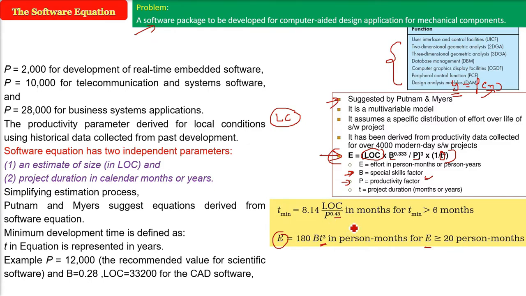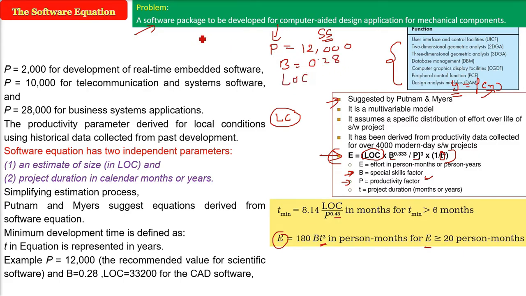So I'm just putting the values. Say for this particular project, this is the recommended value. P is 12,000. Assume it to be scientific software. So P will be 12,000 for this particular software to be made. The line of code, as we already estimated earlier, we can give a number. So it will be 33,200.